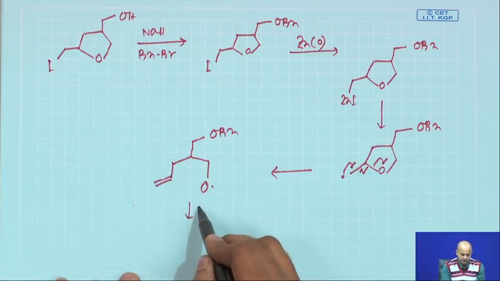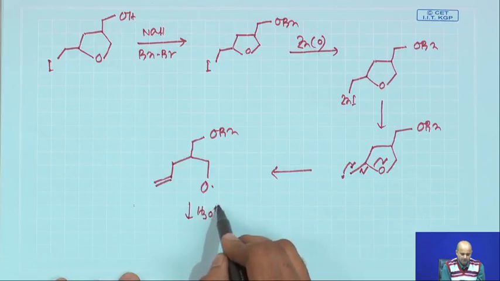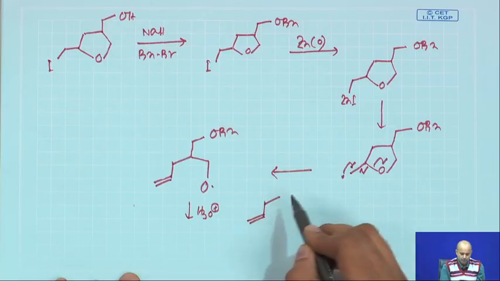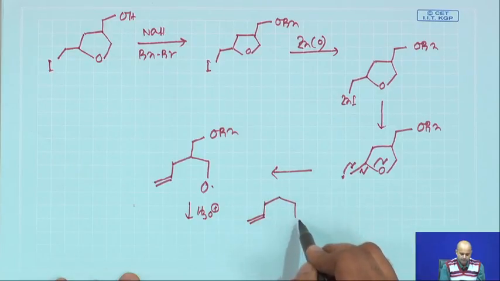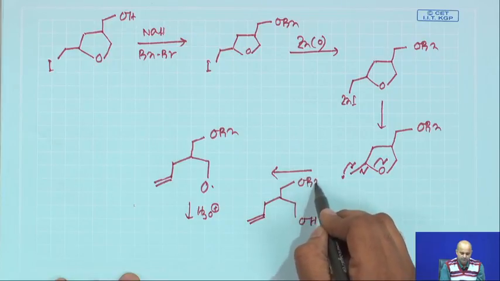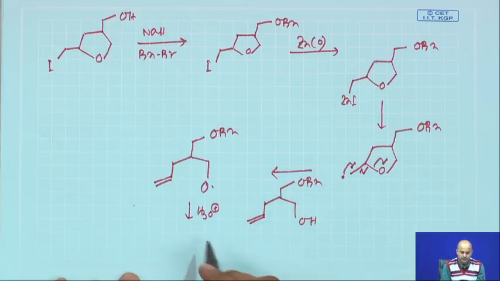Now, what do you need? Simply water treatment to quench the O dot, giving OH and your OBn. So, though there are multiple steps involved.